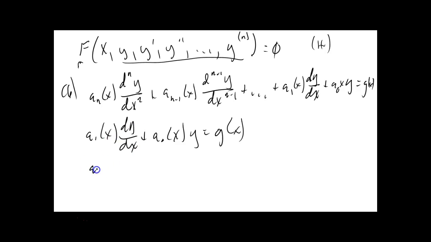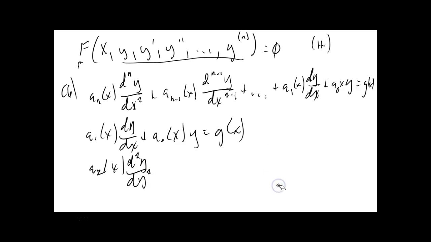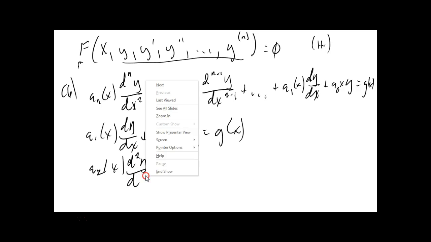Here's the second order: a_2(x) d^2y/dx^2. Yuck! I'm going to have to get a lot more careful about my writing. I get the writing too fast, and then it costs. Look at this.